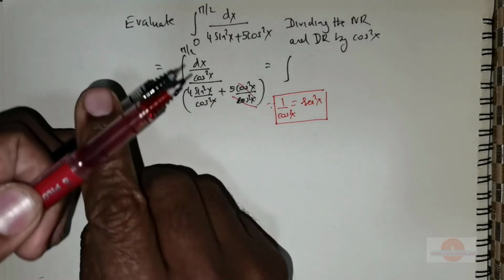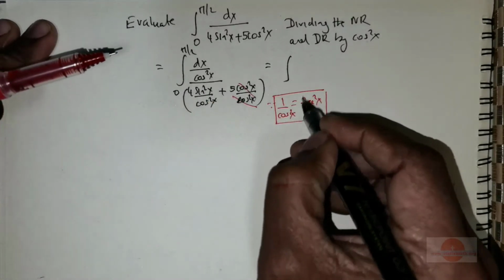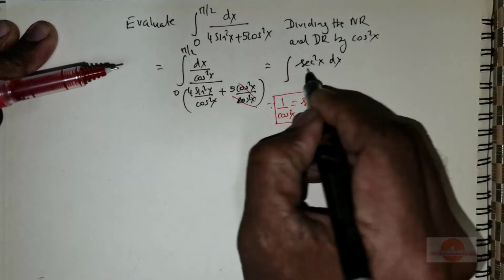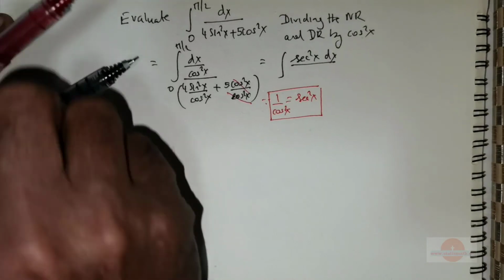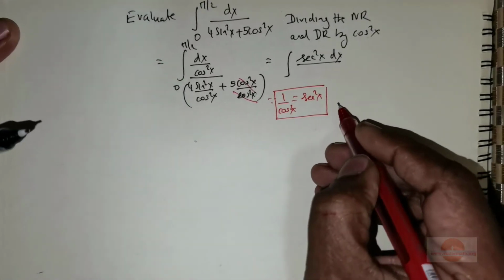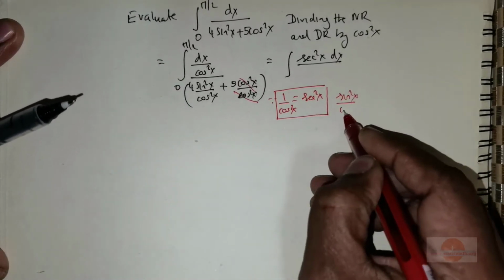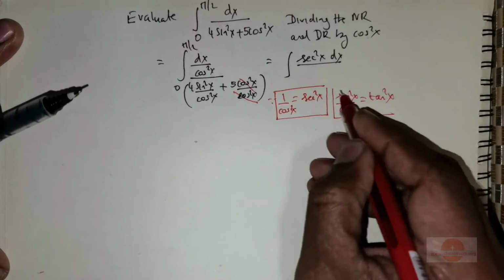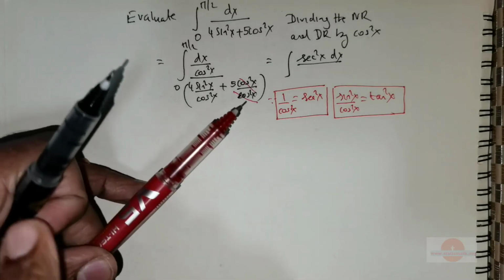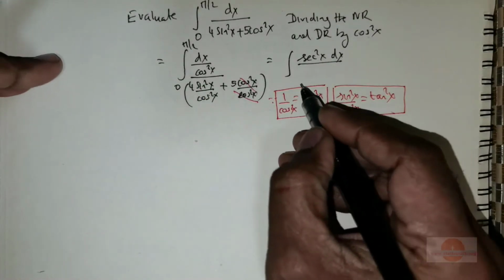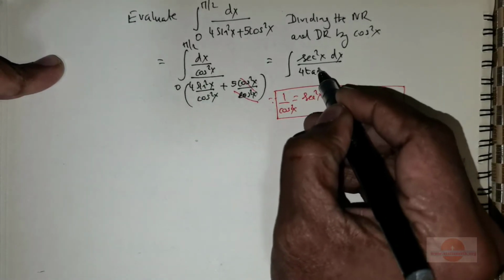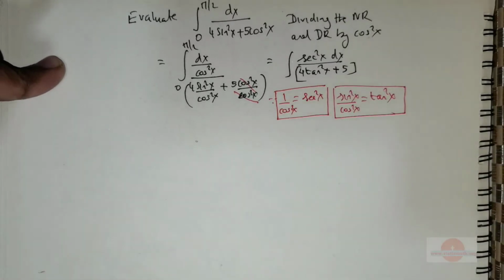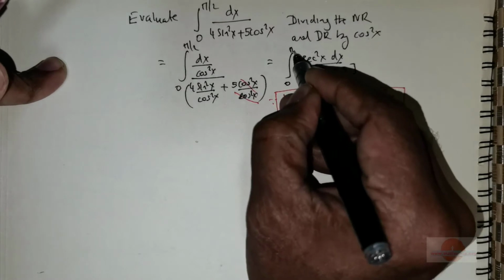Because of that trigonometric formula we know, I can replace this as secant squared x times dx divided by, now sine squared x divided by cos squared x is nothing but tan squared x. This is the next trigonometric formula that we have to know. So this is going to be 4 times tan squared x plus 5. Now the limits are 0 to pi over 2.